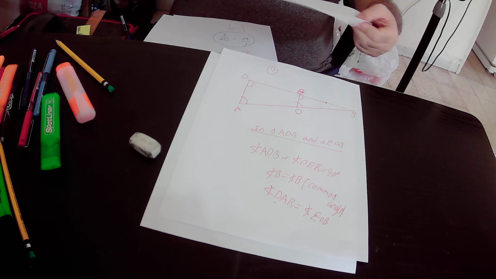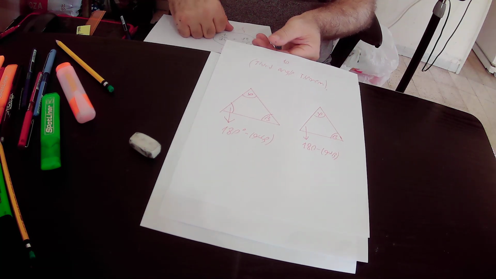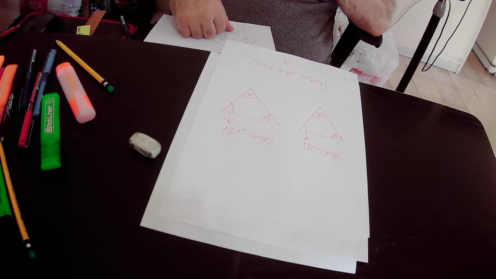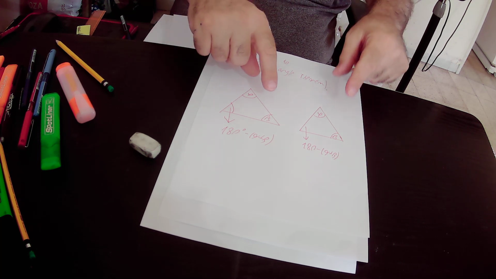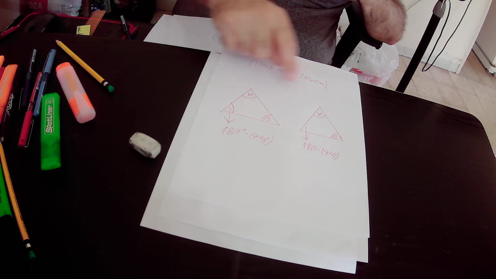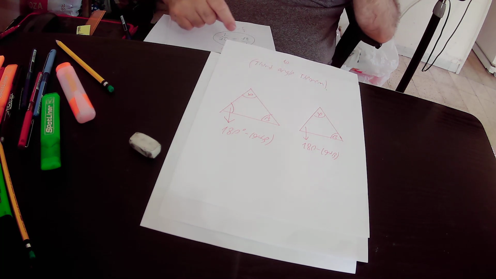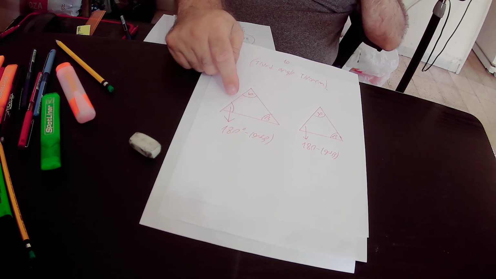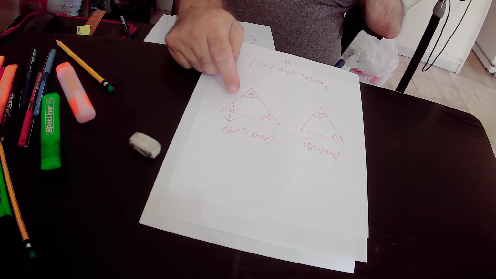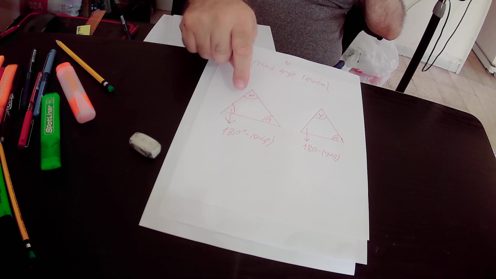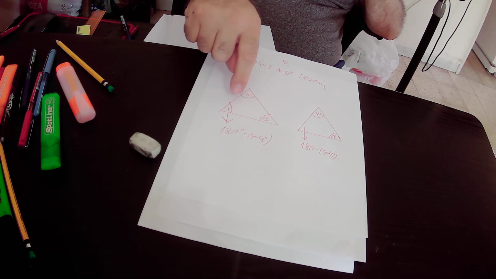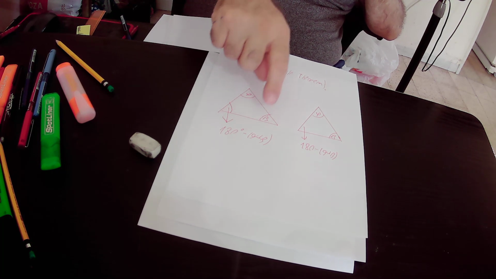Because if we have two triangles that have two angles that are equal to each other, alpha equals alpha and beta equals beta, then the third angle follows, since the sum of the angles in any triangle is 180 degrees. So 180 degrees minus those two angles is the value of this angle. So the third angle in this triangle equals 180 degrees minus (alpha plus beta).